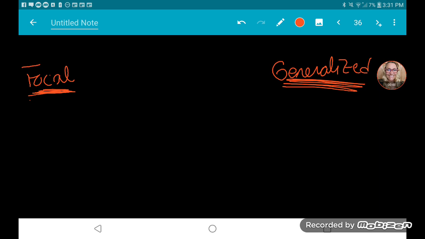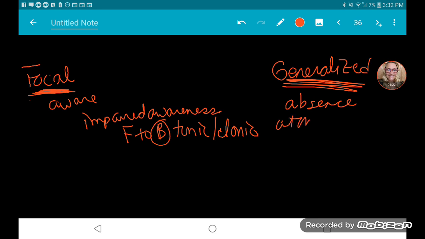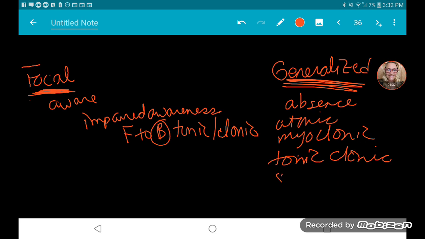So when we talk about focal onset seizures, we talk about focal aware, focal impaired awareness, focal to bilateral tonic-clonic seizures, and then the generalized ones, we look at absence, atonic, myoclonic, tonic-clonic, status epilepticus, febrile.